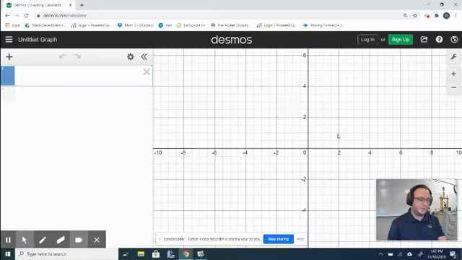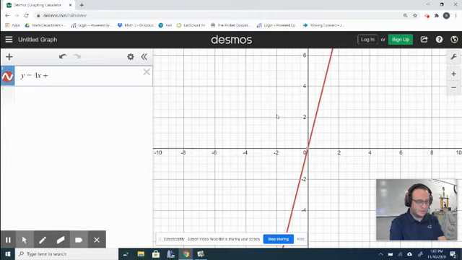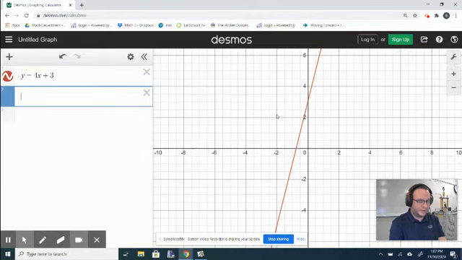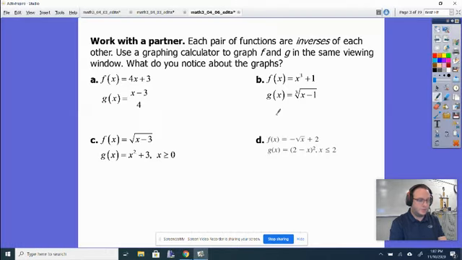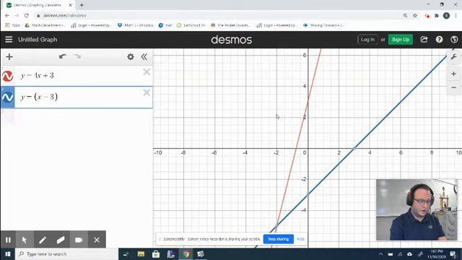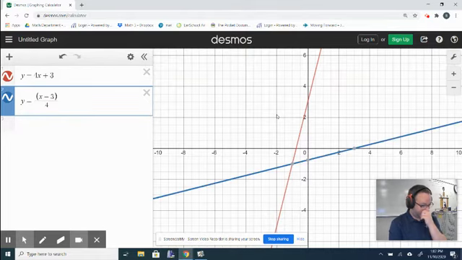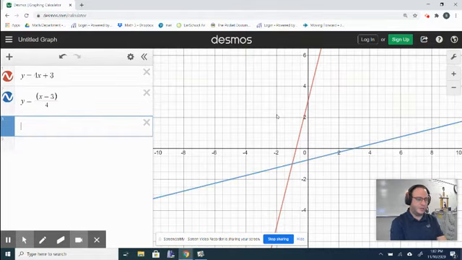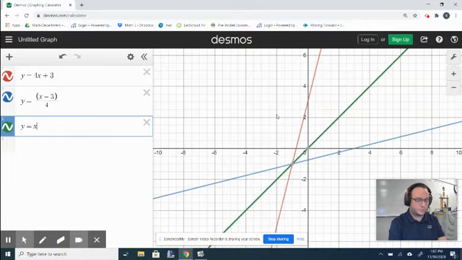So for my first one, I've got 4x plus 3. So y is equal to 4x plus 3. And then I've got y is equal to x minus 3 over 4. And what I see is, if I drew a line through y is equal to x, these two things are mirror images of each other.